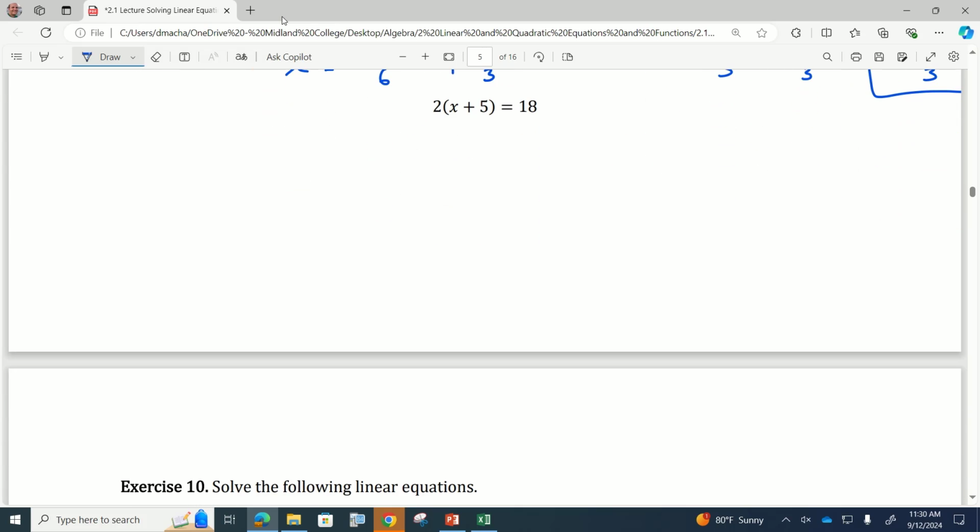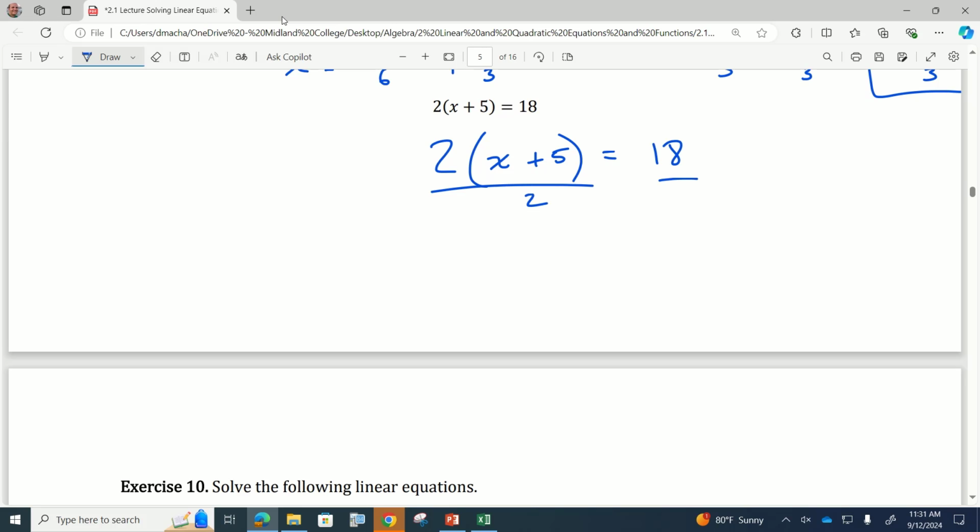All right. In this equation, we have 2 times x plus 5 in parentheses equal to 18. What's the first step? I could distribute the 2 inside the parentheses, or I could just divide by 2.